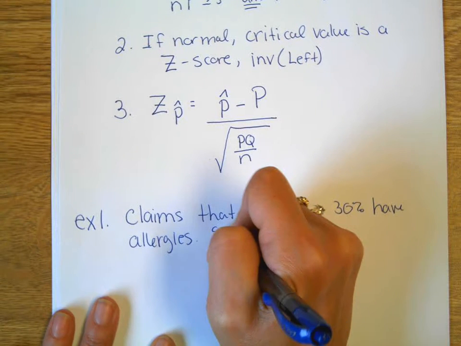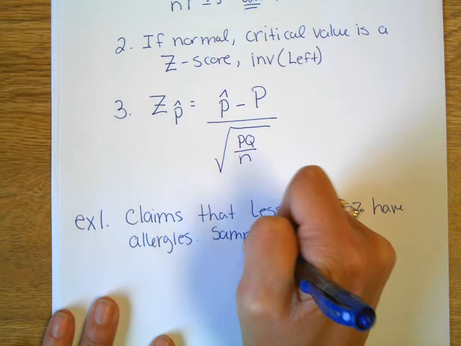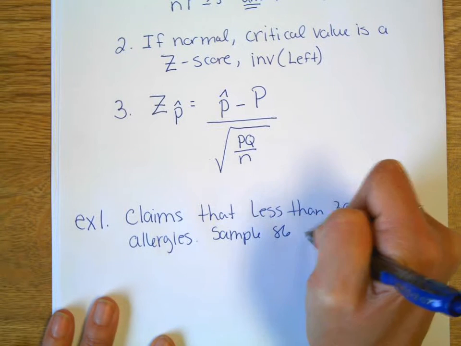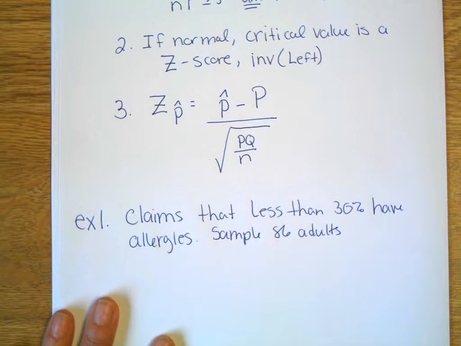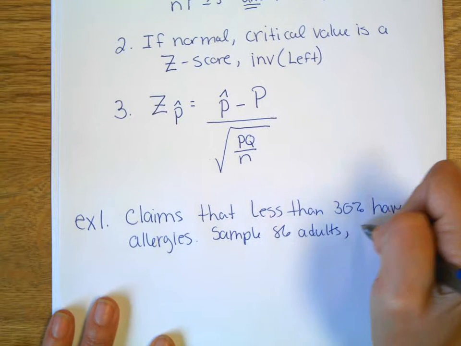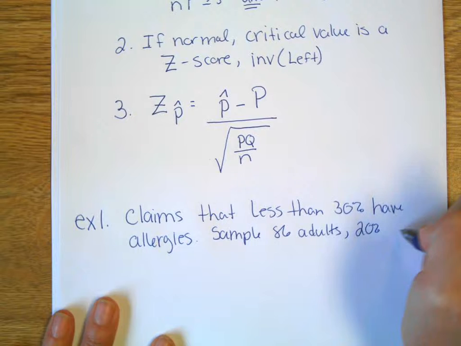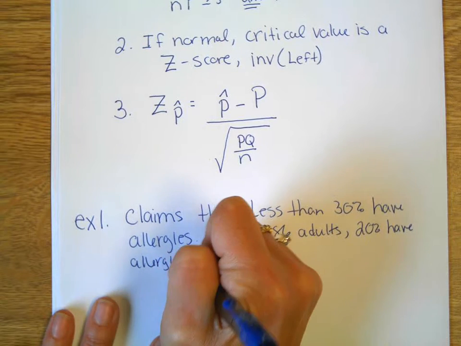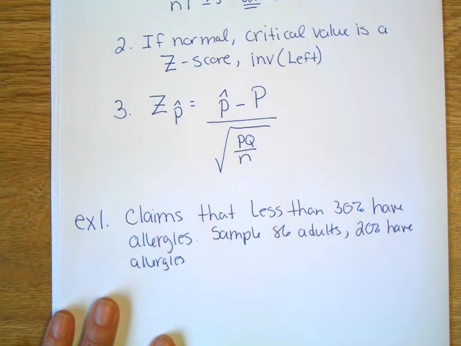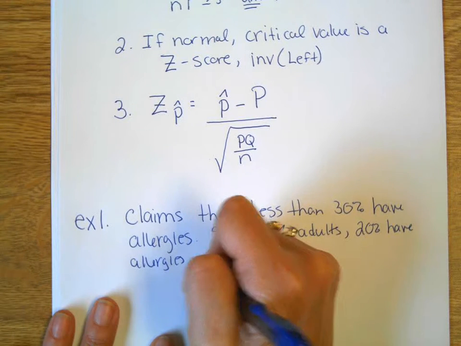We're going to sample 86 adults. We find that 20% have allergies. Test this at 5%.